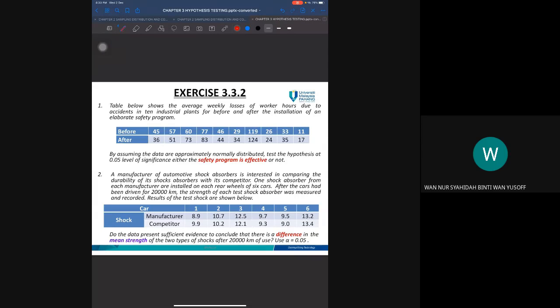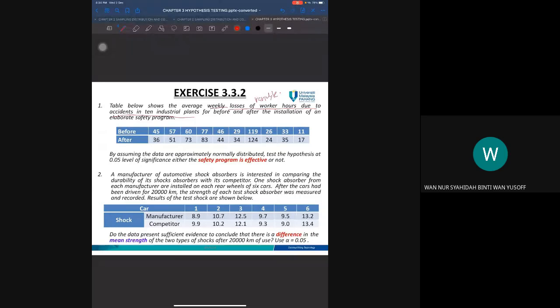Variable, anyone? It is the weekly loss of worker hours due to accident. So this is the variable.